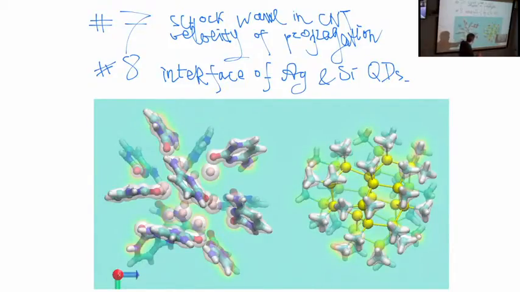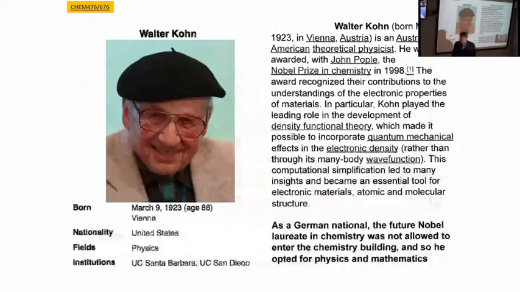Interface between silicon and silver nanoparticles. And here is the biography of Walter Kohn, who got a Nobel Prize for designing density functional theory together with Popov.